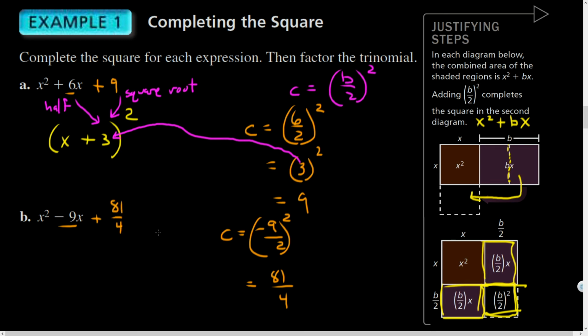If it was an equation, I would add it to both sides. And then to fast factor this, it's just going to be a minus b all squared. So x minus, what number is it going to be? It's going to be half of 9, which is 9 halves, or 4.5 if you want to think about it that way. And so, there we go.